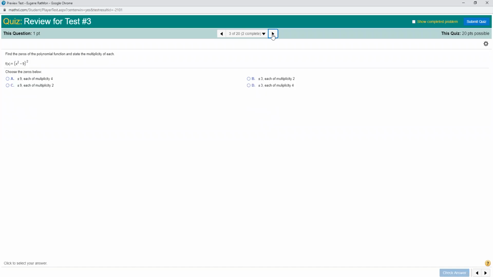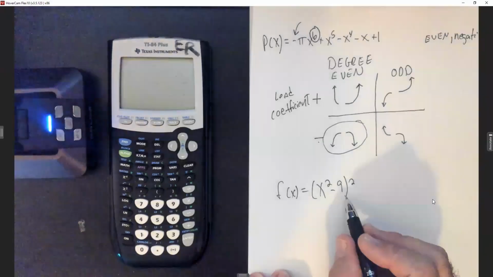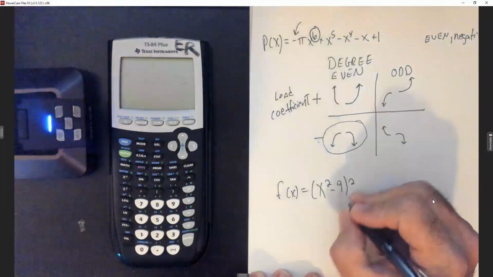All right, so this one I will work out. That's f of x equals x squared minus 9 squared. So it wants me to find the zeros and then state the multiplicity. On this problem, to find the zeros and the multiplicity, we got to set what's inside the parentheses equal to 0.